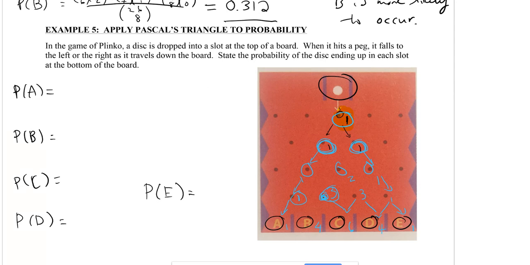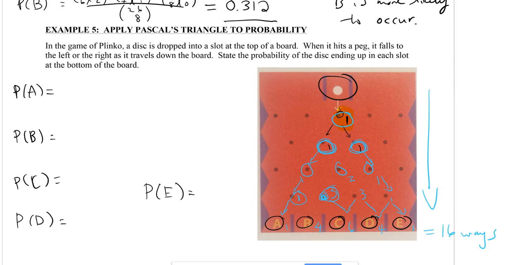Okay, so what I've found is the number of ways in which this ball can be dropped all the way to the bottom, and how many pathways do we have in total? So 1 plus 4 plus 6 plus 4 plus 1 will give me 16 ways, right?